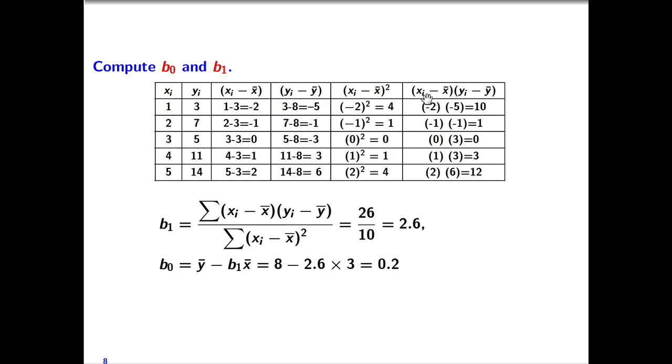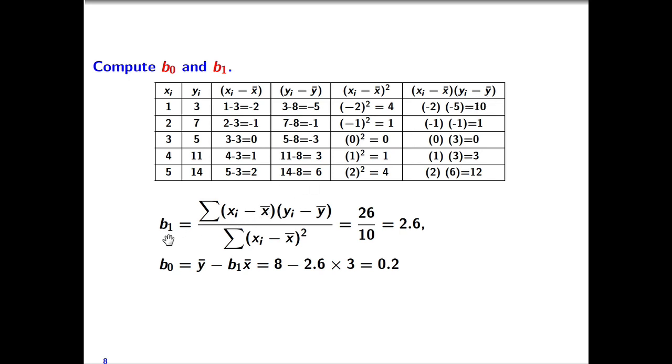We also need to compute xi minus x bar times yi minus y bar, which is negative 2 times negative 5 equals 10, negative 1 times negative 1 equals 1, 0 times 3 equals 0, 1 times 3 equals 3, 2 times 6 equals 12, and that's xi minus x bar times yi minus y bar.